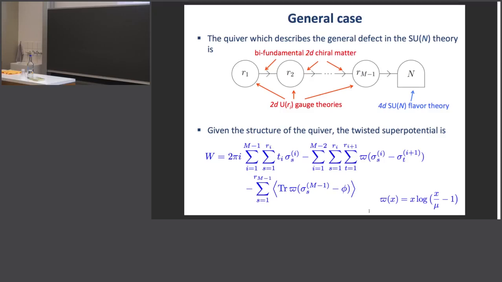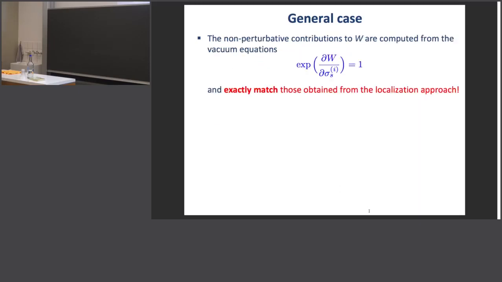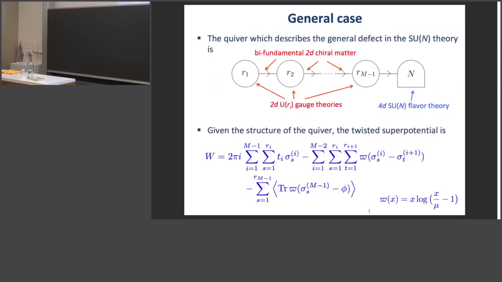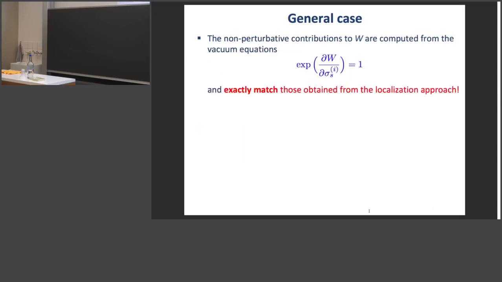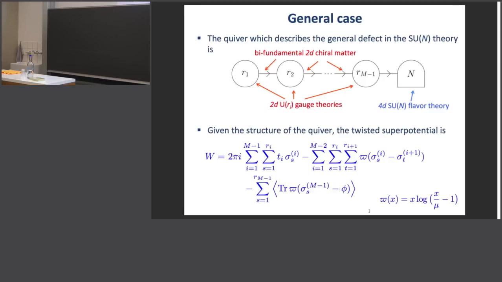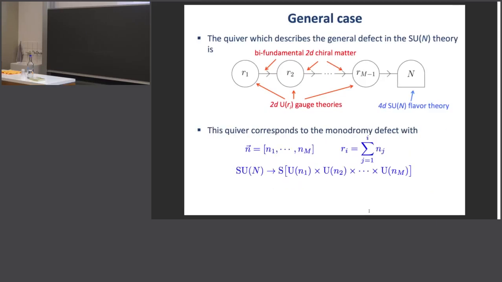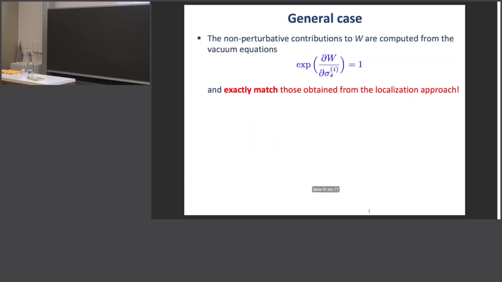And finally, the last part is treated quantum mechanically in four dimensions. The non-perturbative contributions to W are computed from the vacuum equations, just as I discussed in the simplest example before. And you can check, and we have done these detailed checks, that they match term by term the results obtained from the localization computations using the Nekrasov-like partition functions in all details.